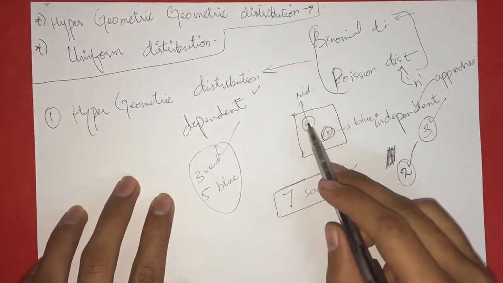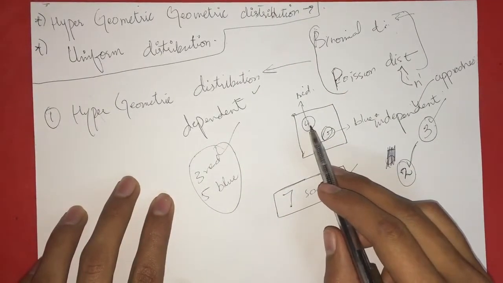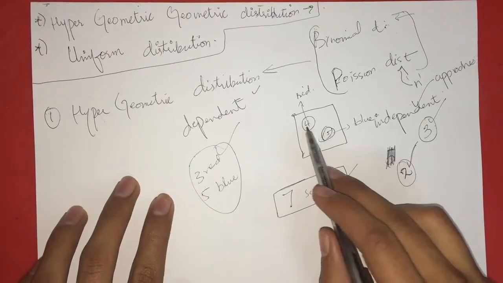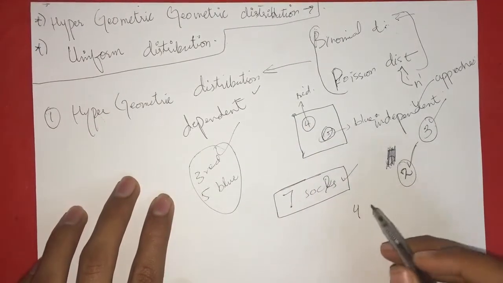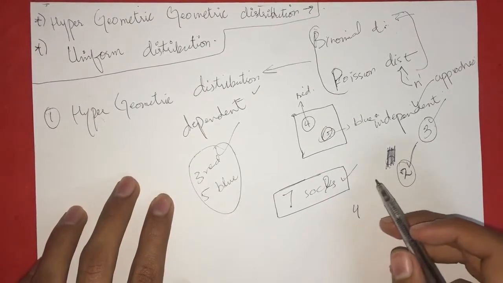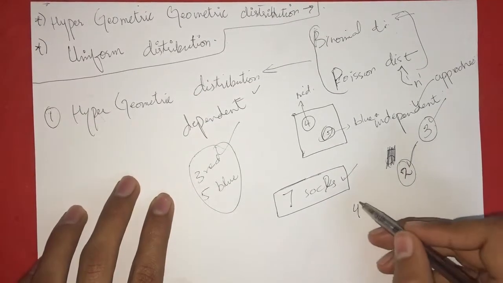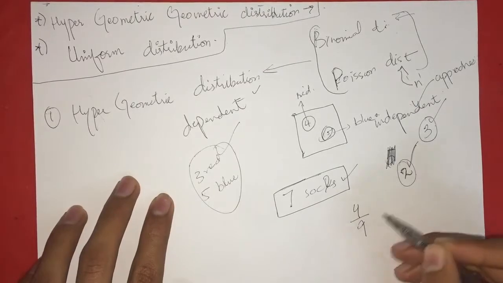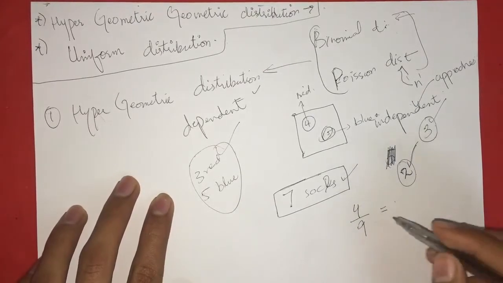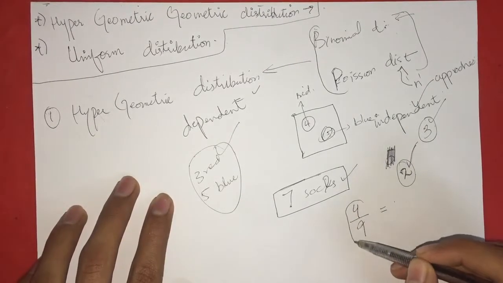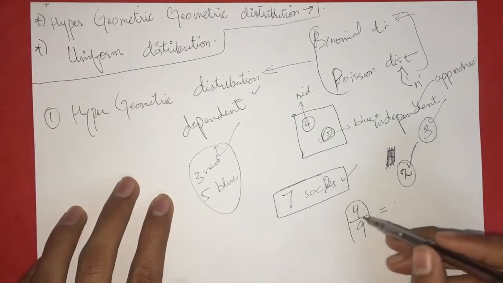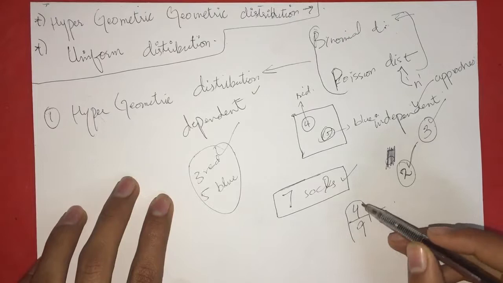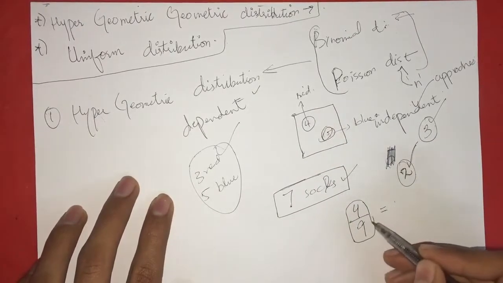Now the total number of red socks were 4, and the total number of socks were 4 plus 5, we had 9. So we have 4 by 9. So the total probability that we are going to have for the red socks was 4 by 9.